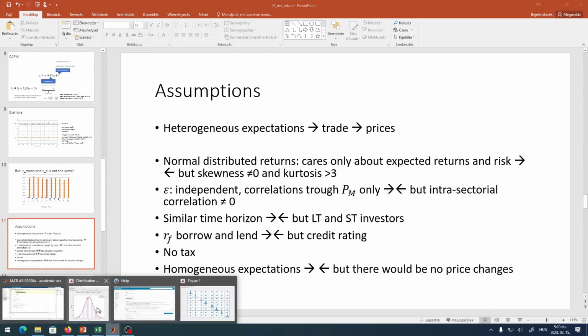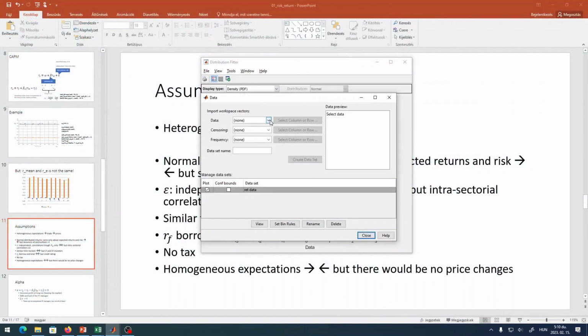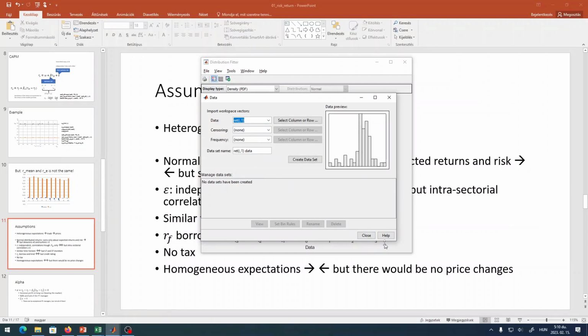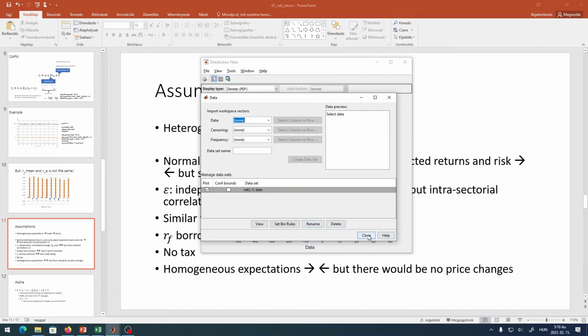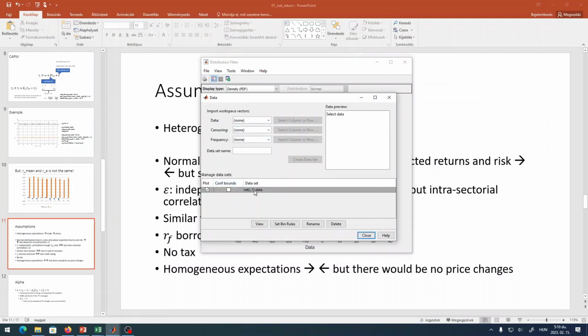We have the data filter. So okay, let's remove this one and return. Let's see the real data. Create data set. Okay, close, and fitting. This looks quite ugly, so let's check another one.